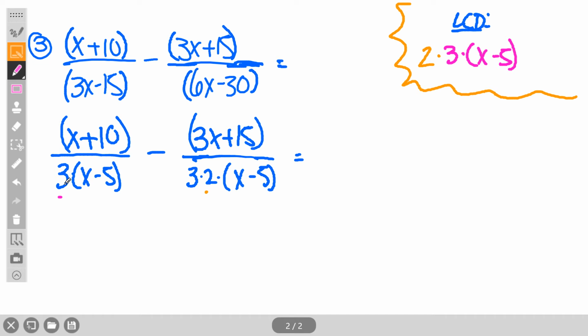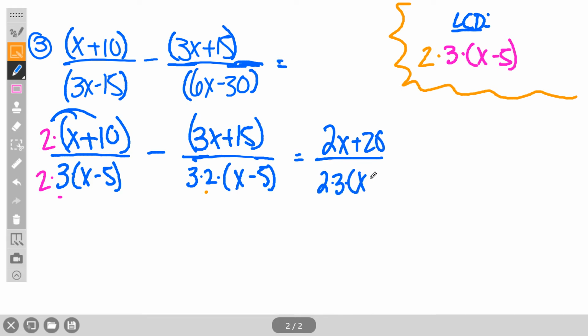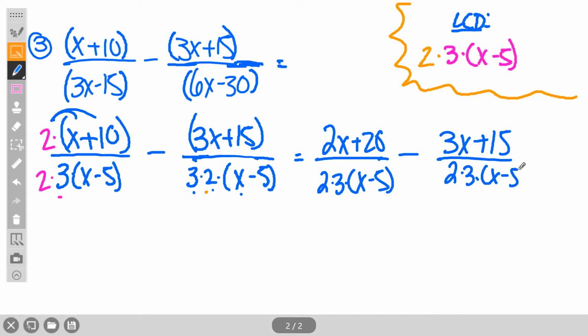For the first one, 3 and x minus 5, it's missing the 2, so I'll multiply that by 2. So it's 2x plus 20 over 2 times 3 times x minus 5. Minus. Now for this one, it already has the LCD, so I don't need to change it: 3x plus 15 over 2 times 3 times x minus 5.